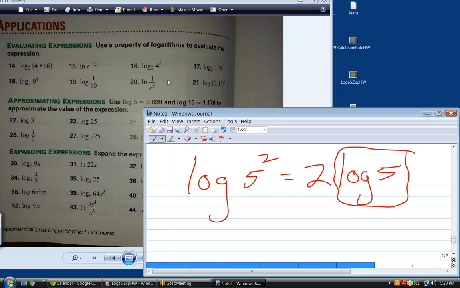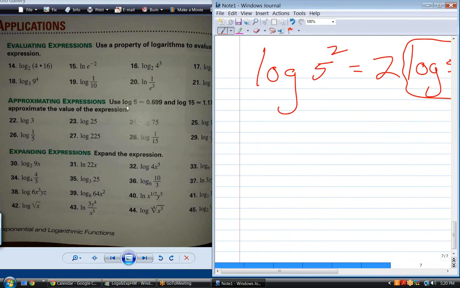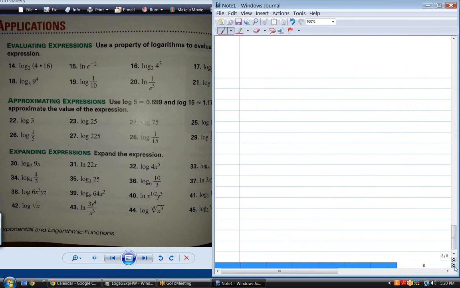So the only tricky part on these questions is how to make up the number based on the two numbers that we're dealing with. So the next one says log 75. How am I going to make my 75 out of 5 and 15? Log 5 multiplied by log 15.